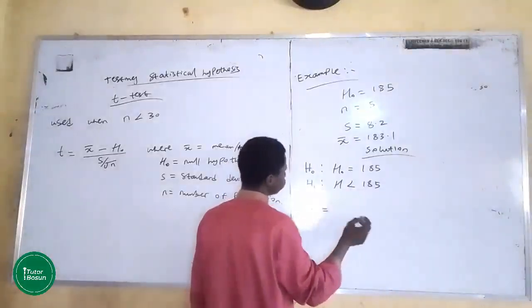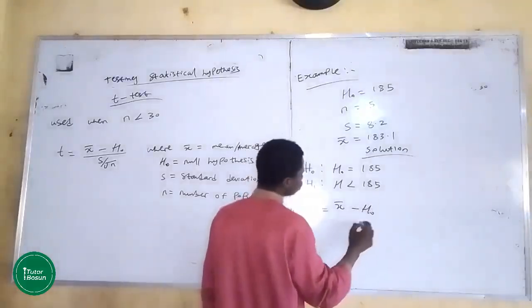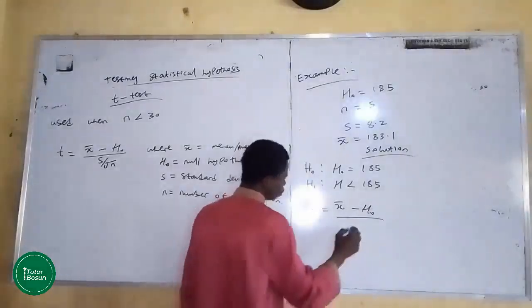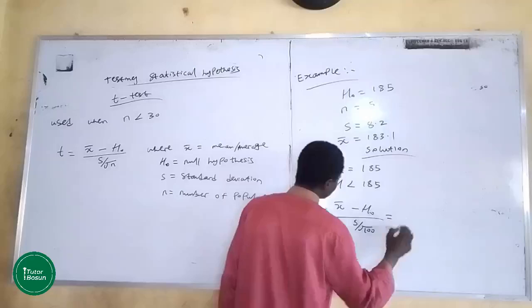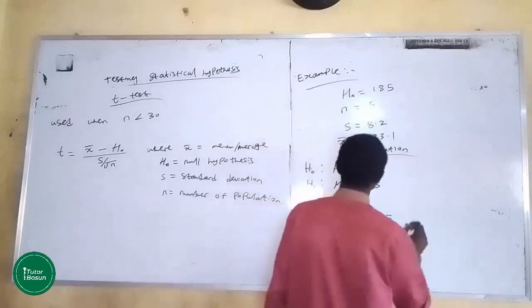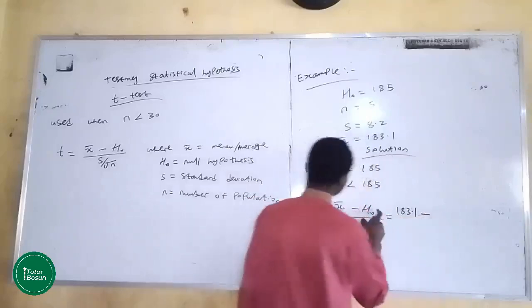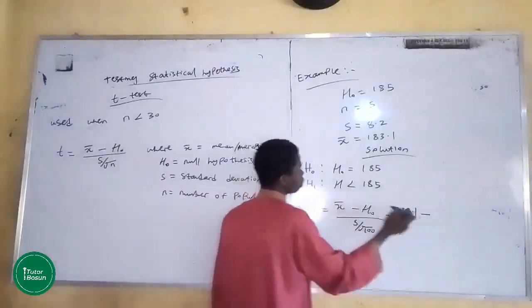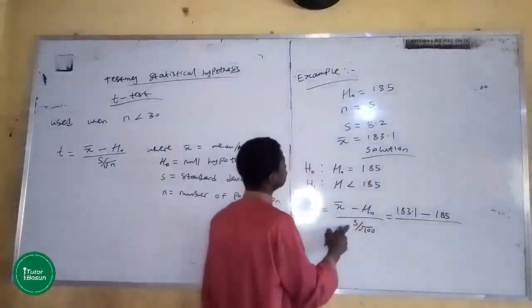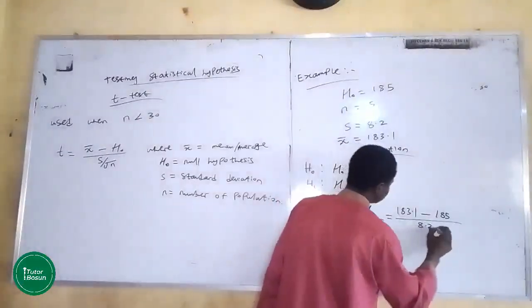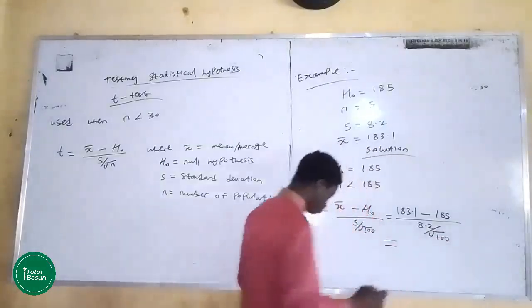We recall our formula: t is equal to x bar minus mu naught over s divided by square root of n, which is equal to, x bar is given as 183.1, minus mu naught, which is your null hypothesis 185, divided by s, which is 8.2, divided by square root of 100.